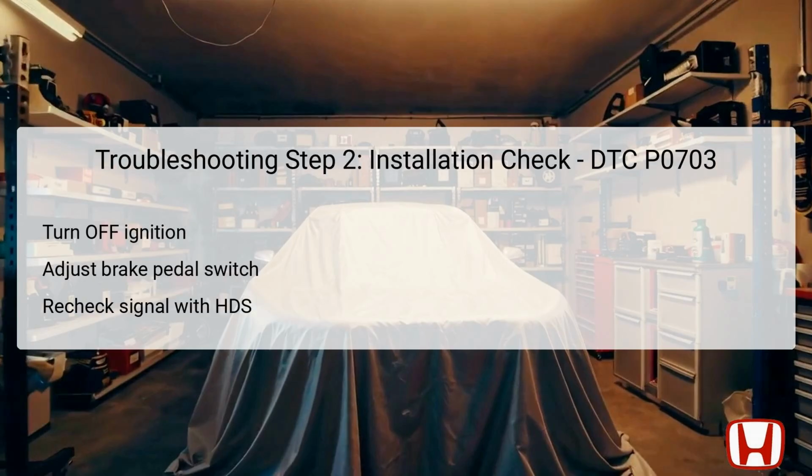In the second troubleshooting step, you'll be looking closely at the installation of the brake pedal position switch. First, turn the vehicle's ignition to the off/lock mode for safety. After powering down the vehicle, check the position of the brake pedal and the switch. If necessary, make adjustments to ensure proper alignment and contact.